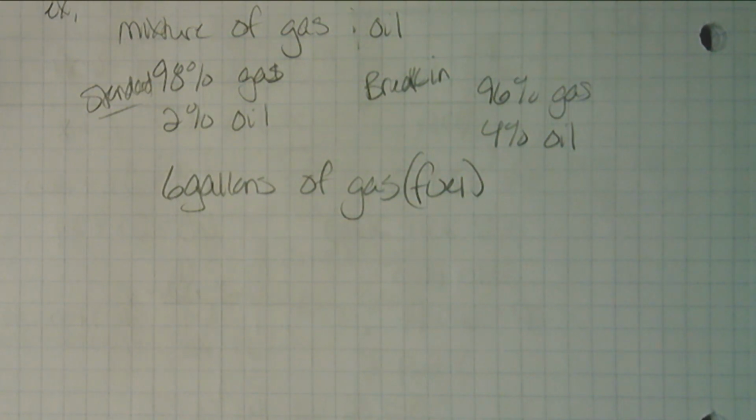This is gasoline. I have to take this amount and pour it into here, and I have to pour this amount into here. Only 78% of this is going to be from the gas. Only 2% of this is going to be from the oil. You guys okay?